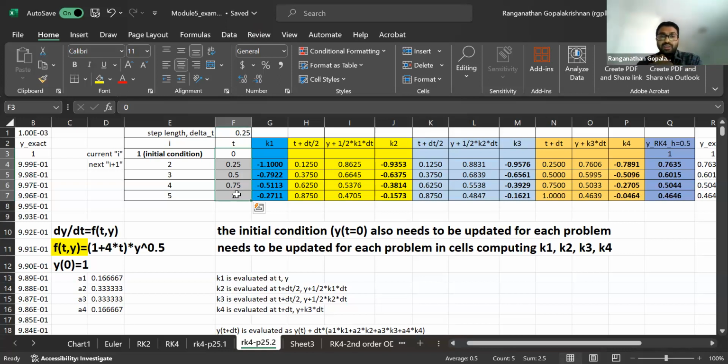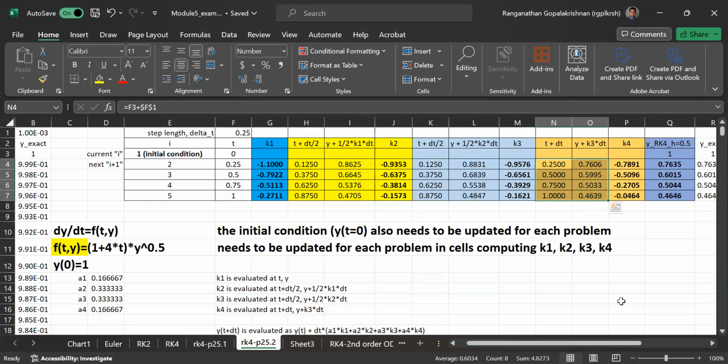Okay. Here's a true or false question. These cells where we compute t plus dt over 2, y plus half k1 dt, all these cells need not be changed. True or false? True. Who else is saying true?